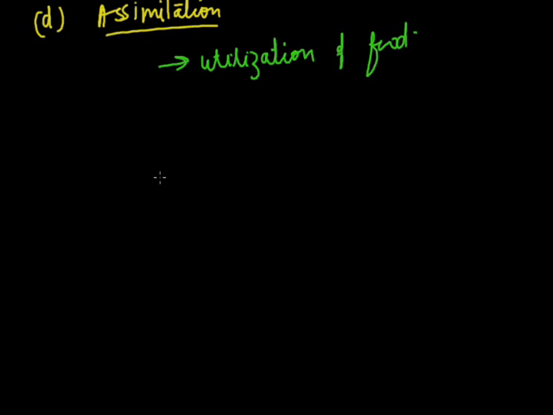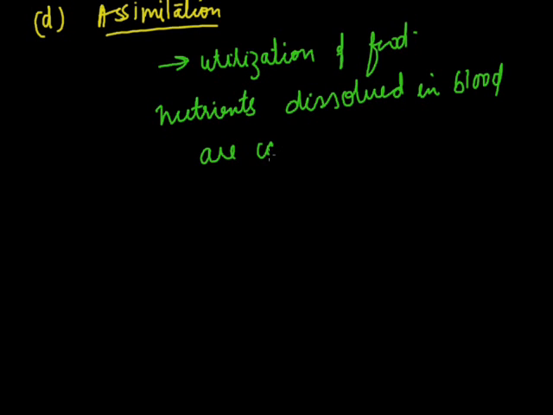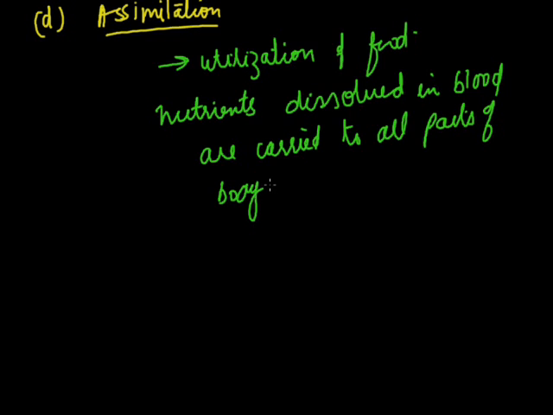The nutrients dissolved in blood are carried to all parts of the body, where they are utilized for building up and replacement of cells or obtaining energy.